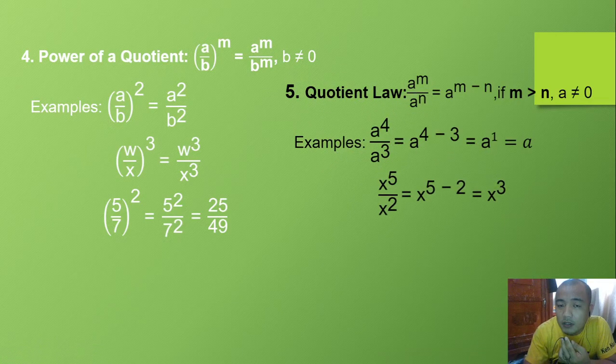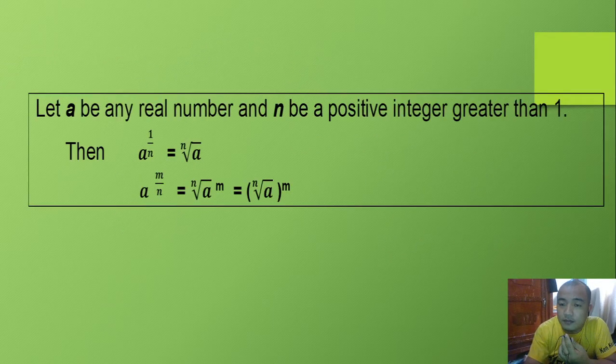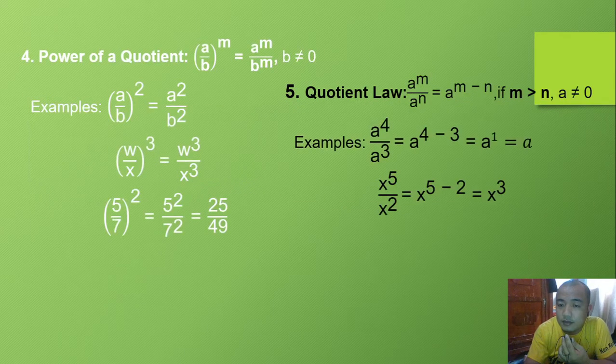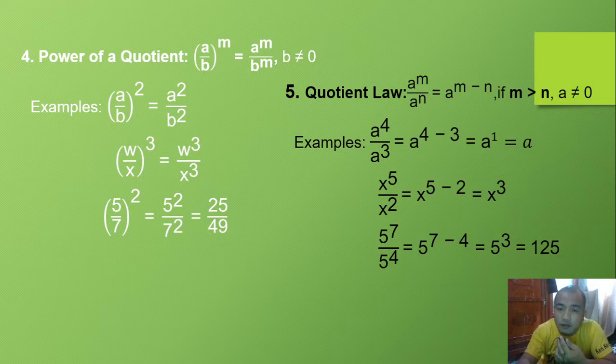X to the fifth over x squared means subtract exponents, x cubed. How about this? 5 to the 7th divided by 5 to the 4th means subtract exponents. 7 minus 4 is 3. 5 cubed is 125. Right? 5 times 5 times 5 is 125.